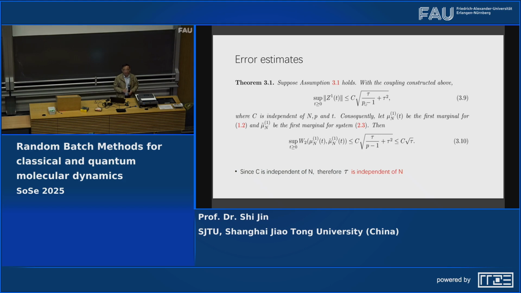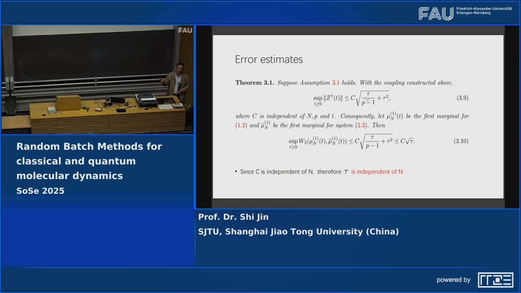So what does that mean? For example, if I want the error to be like 10 to the minus 3, I just have to select the time step to be 10 to the minus 6. Even my N can be 10 to the zillion, doesn't matter, okay? So now you see, my time step is independent of N, which means indeed I do not need N times longer to finish the work.